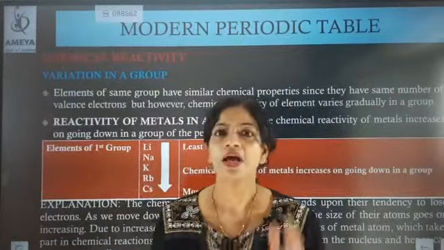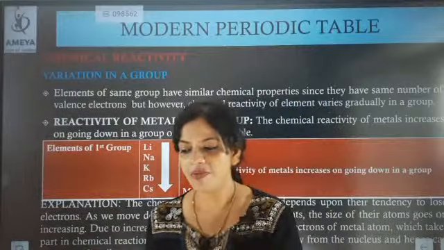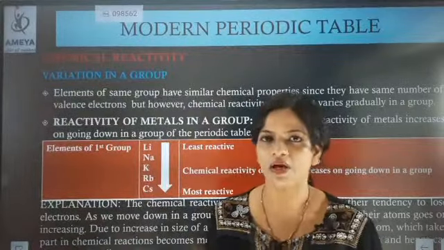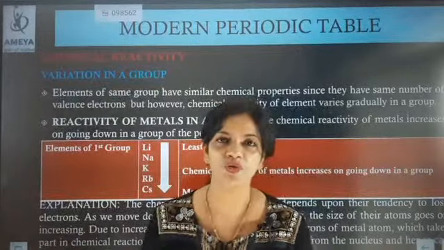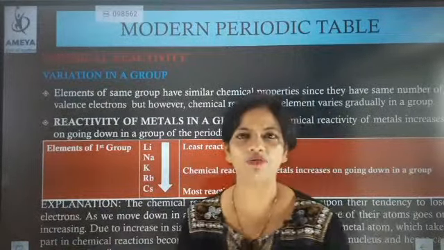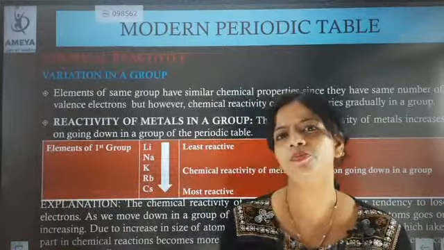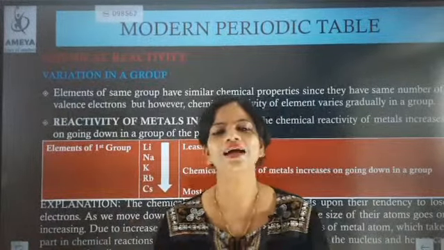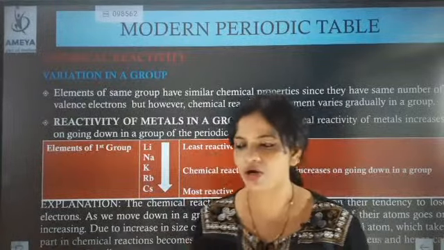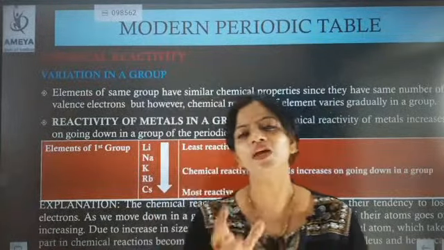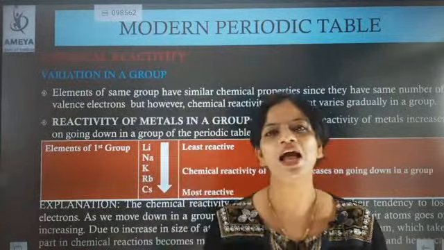If you remember, chemical reactivity remains same along a group because of electronic configuration. Same valence electrons will be there in the outermost orbit. Because of that, the valency is same along a group, and because of that, they will have same reactivity. I have discussed this point.